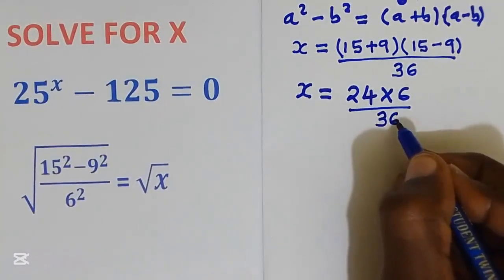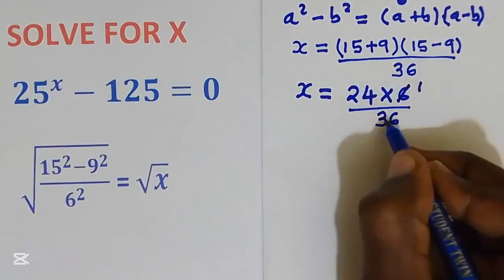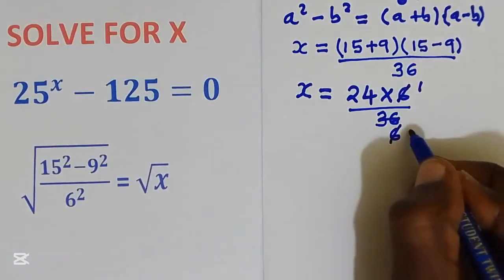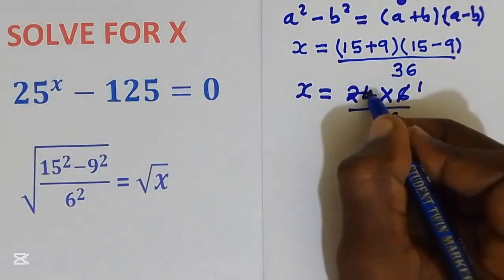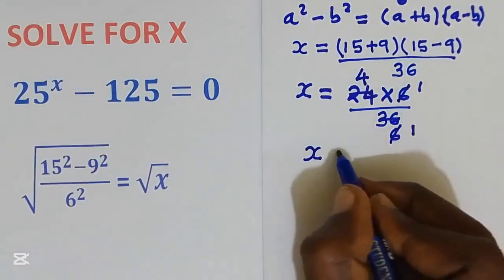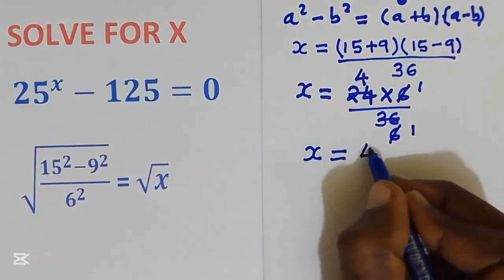I can simplify here by 6: 6 by 6 we get 1, 24 by 6 we get 4. The value of x is equal to 4.